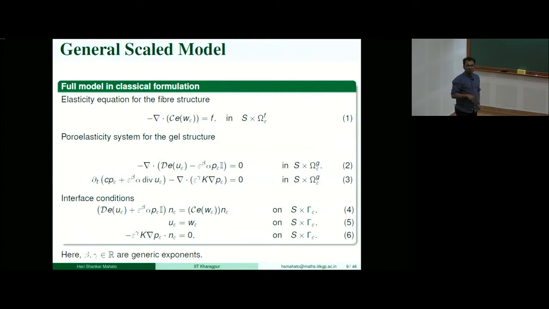For different values of beta and gamma, you'll end up with a different model at the upscale level. If beta is 0 and gamma is 0, you'll have a different model. If beta is 2 and gamma is 0, you'll end up with a different model. So what we wanted was a model where we can at least perform numerical simulation and obtain the homogenized model using two-scale convergence. So we played with these parameters.